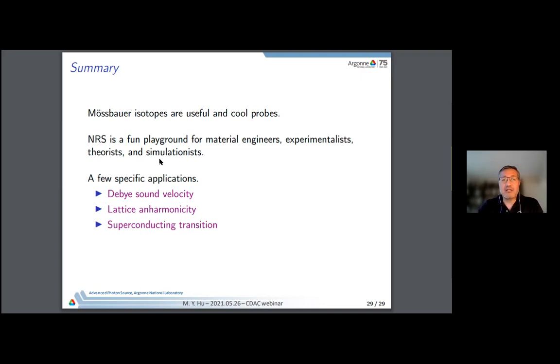And what I see at the beamline is we measure a lot of stuff, but we need someone to make better sense of it. So you need some simulation, some modeling.